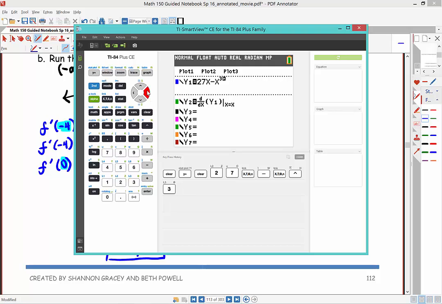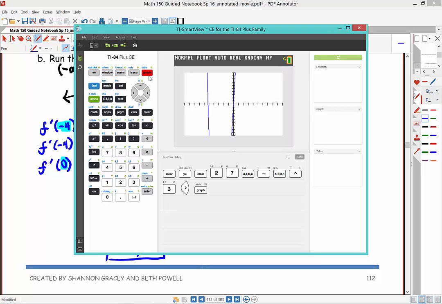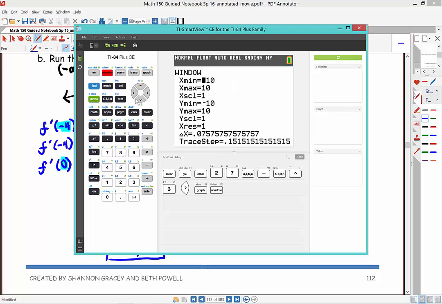And we'll go ahead and keep that derivative graph going. So let's look at this graph. That's not a fabulous picture of it, so let's go ahead and increase the window for the y values.